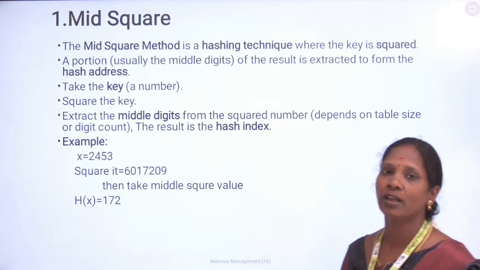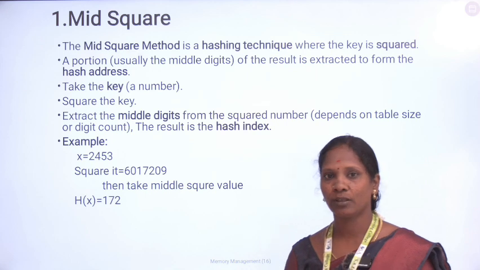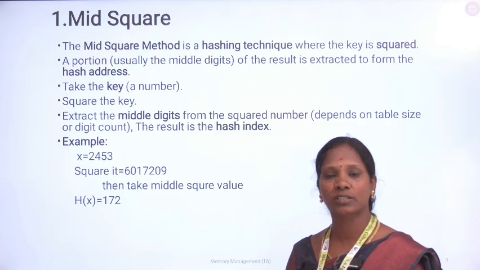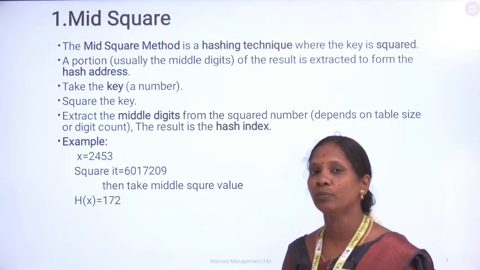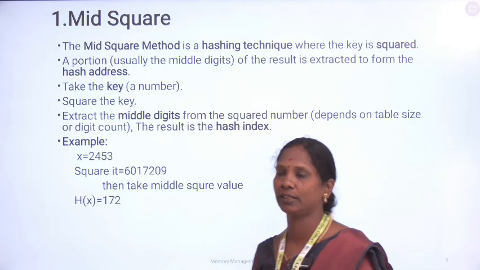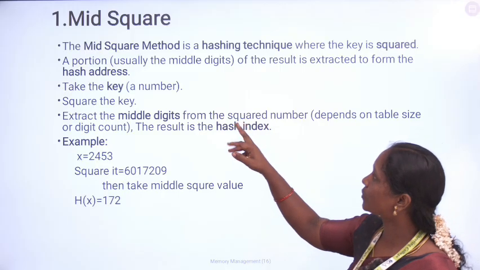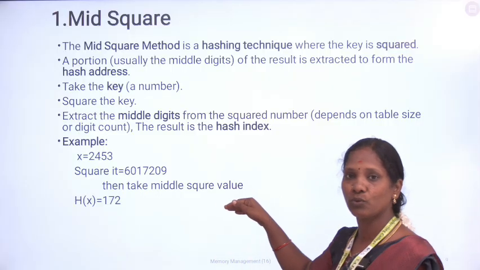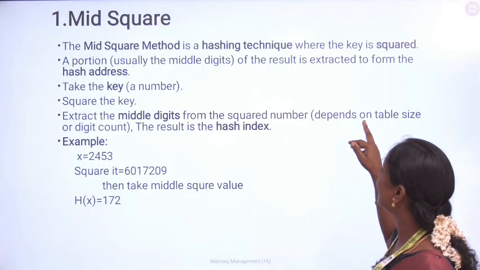What is mid square? We take some element or value and square that particular value, then find out the middle value. That is mid square. The mid square method is one of the hashing techniques, where the keys are squared.